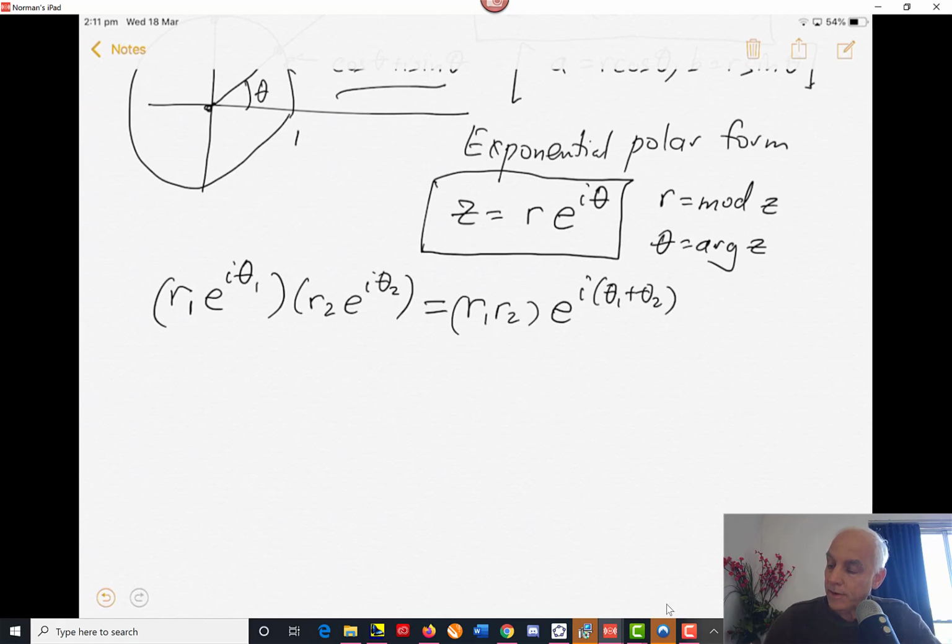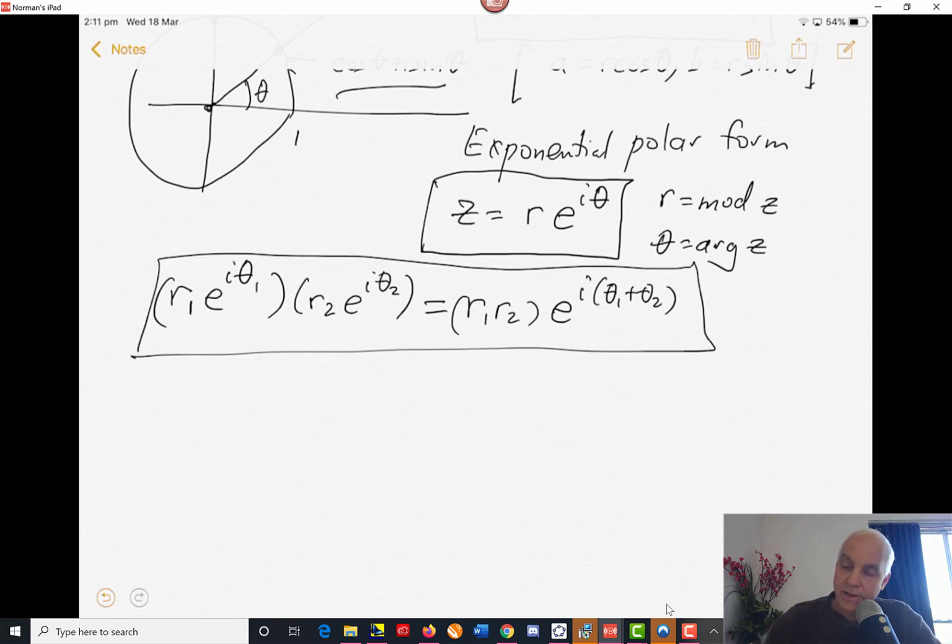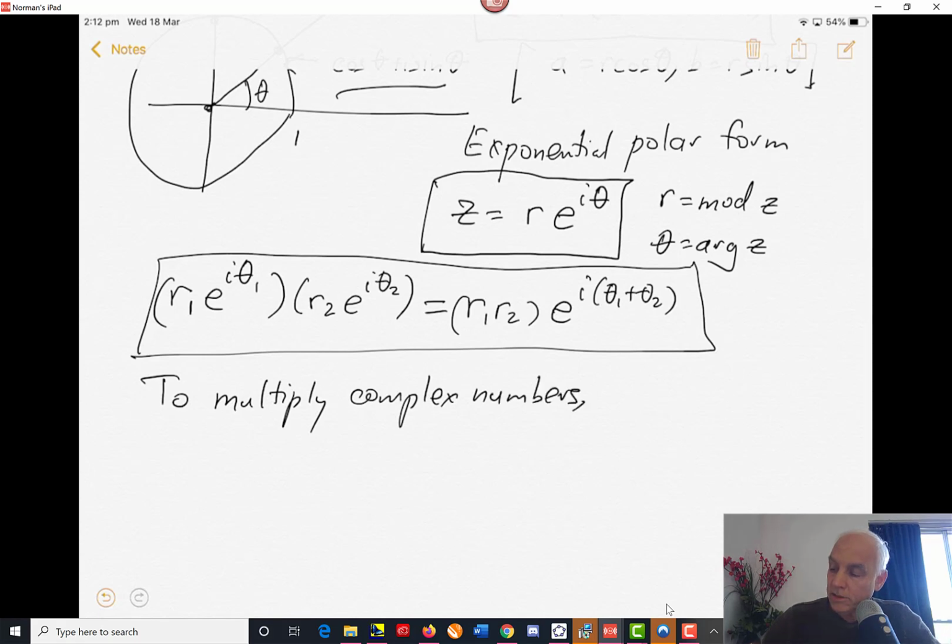This is a very important relation that has a nice geometrical understanding. To multiply complex numbers, we multiply the moduli and add the arguments.